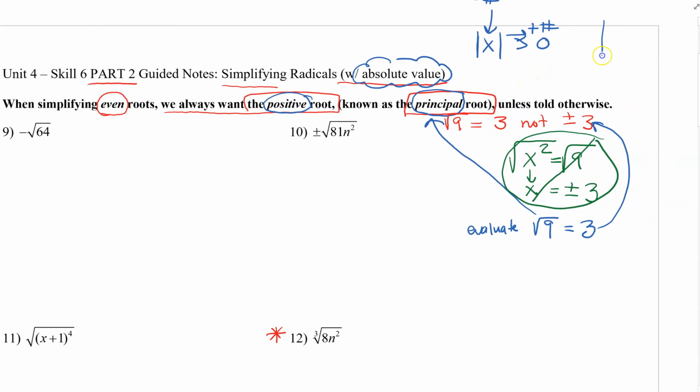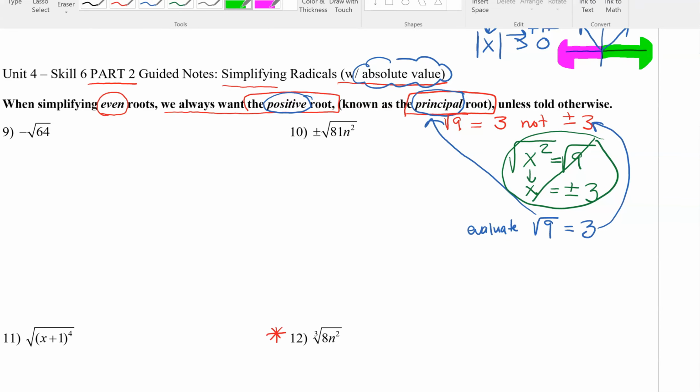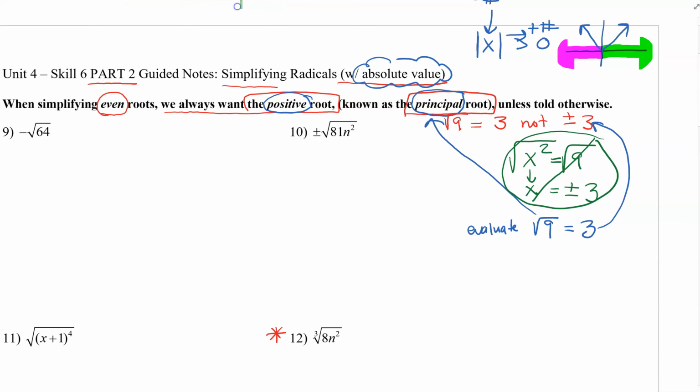If you think about the graph of the absolute value function, it looked like this, where the x values were allowed to be negative or positive, right? Negative and positive x values were allowed, but when you look at the resulting y values, only positive y values were allowed, right? The graph only went up. It never went down.